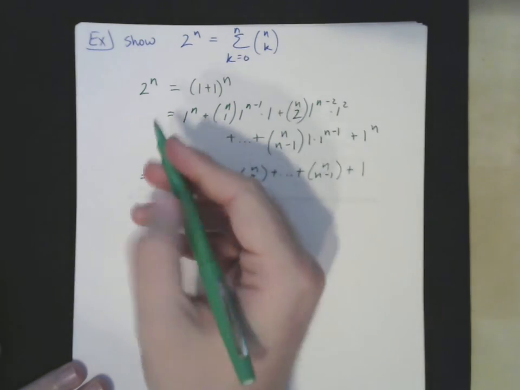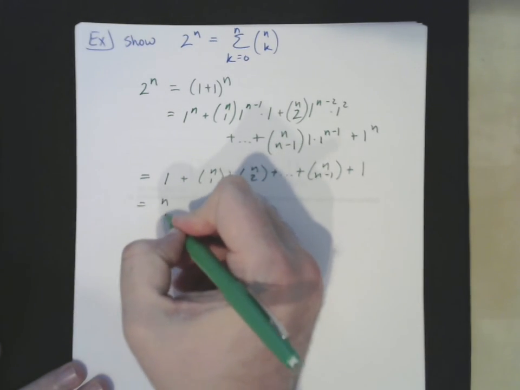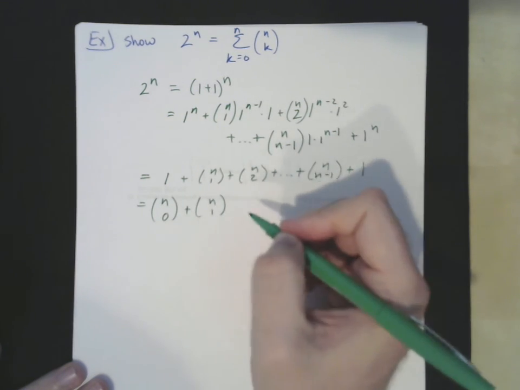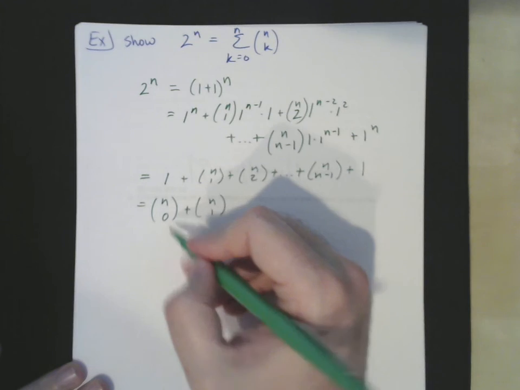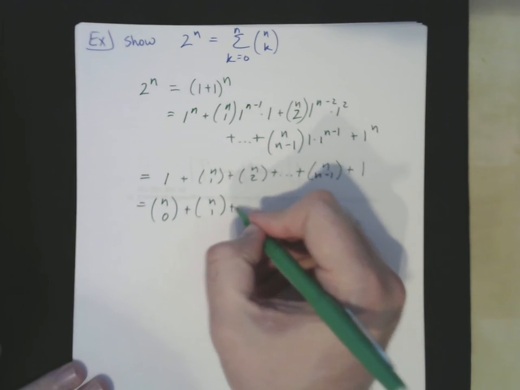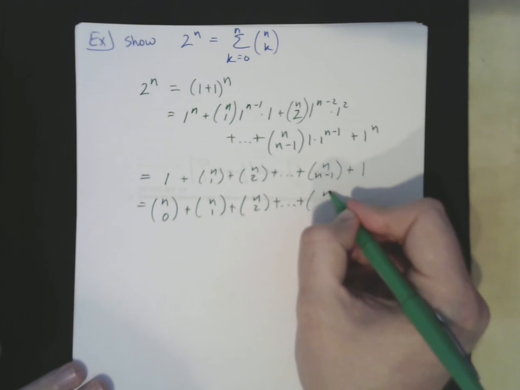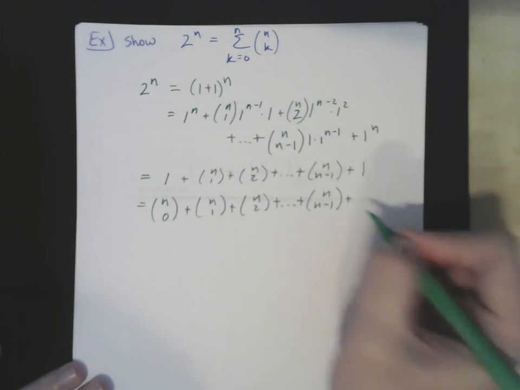Well, if we want this to work, we need to have it equal this. But this 1 is n choose 0, plus n choose 1, plus n choose 2 plus dot dot dot, n choose n minus 1.